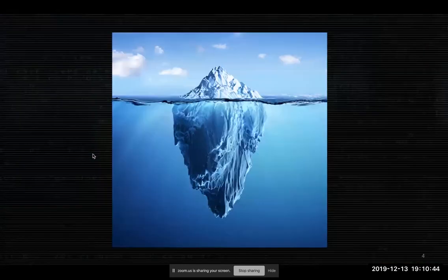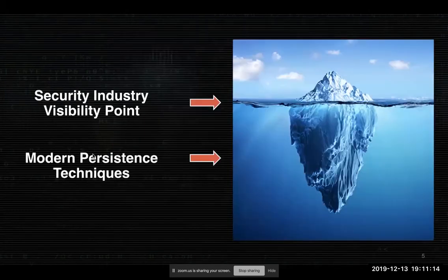Okay, let's start with why this is important. The threat landscape we see right now pretty much looks like an iceberg. The top level, the threats operating at the operating system level, we see pretty well, because for many years security products have evolved in this direction and they do their job well.